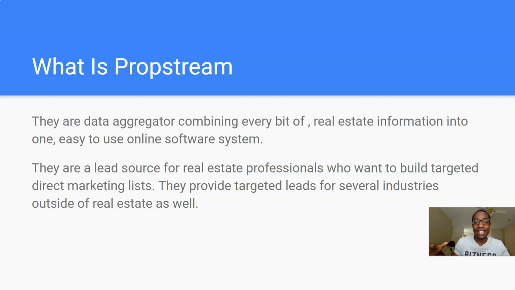PropStream also has a map, especially in their desktop and mobile version, where you can see the property, look at analysis of the property, comparables, recently sold properties in that area, similar square footage. So it's very similar to the MLS, but it's for everyone to use if you decide to subscribe to their website. And so, yeah, they provide a lot of leads, even for industries outside of real estate as well.